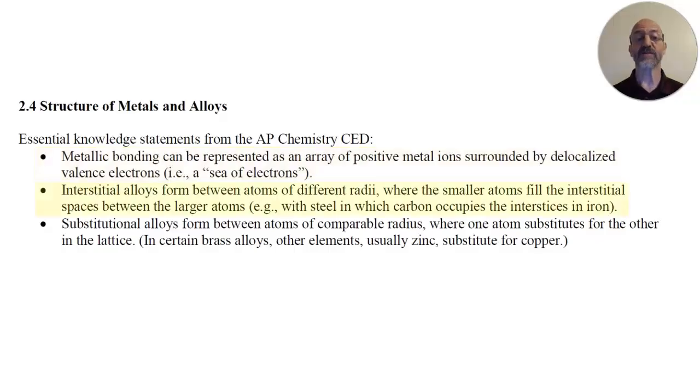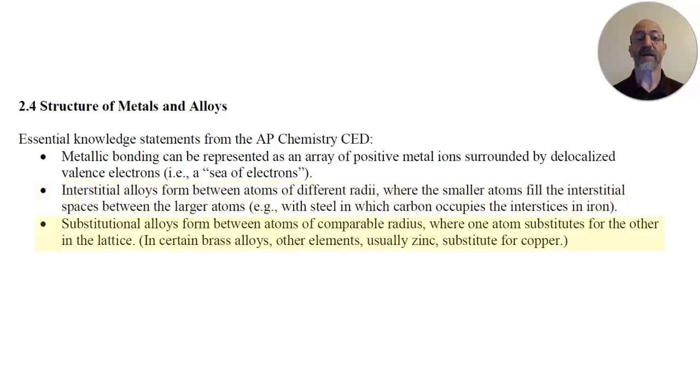Interstitial alloys form between atoms of different radii, where the smaller atoms fill the interstitial spaces between the larger atoms. For example, steel, which contains carbon and iron: the carbon occupies the spaces in between the iron.